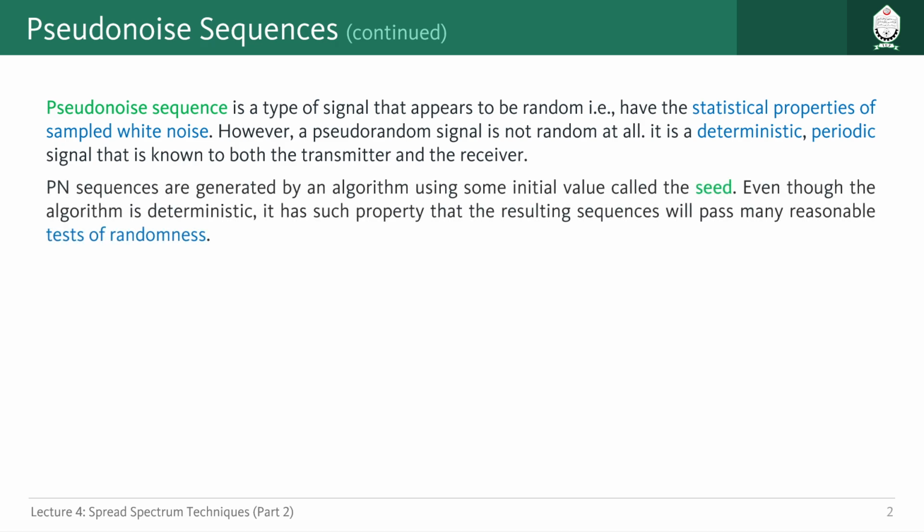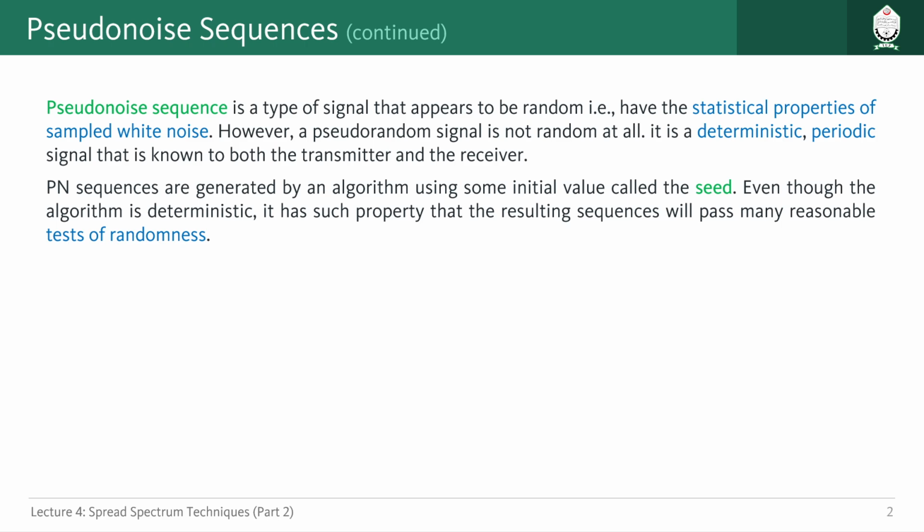These PN sequences are generated using some kind of algorithm, and for that algorithm we have some initial value called the seed. Even though this algorithm is deterministic, the resulting sequence generated from the PN sequence generator will pass different tests of randomness.